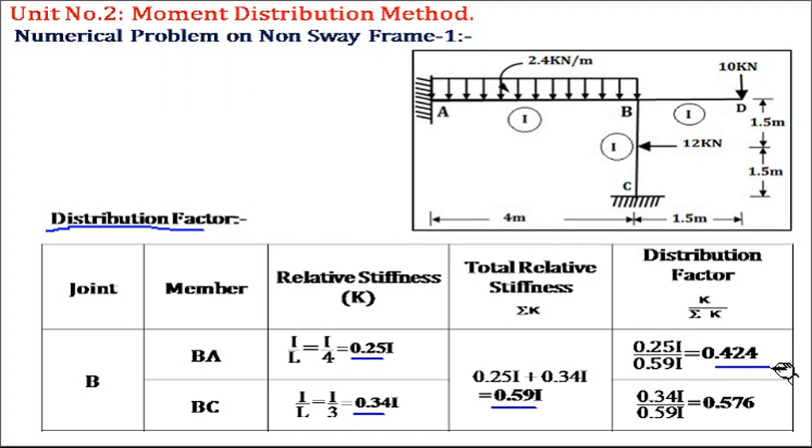Then we'll find out the distribution factor for member BC. The relative stiffness of member BC is 0.34 I and the total relative stiffness is 0.59 I. If you put the values and solve it, we'll get the distribution factor for member BC as 0.576. Now the addition of the distribution factors for member BA and member BC is equal to 1.